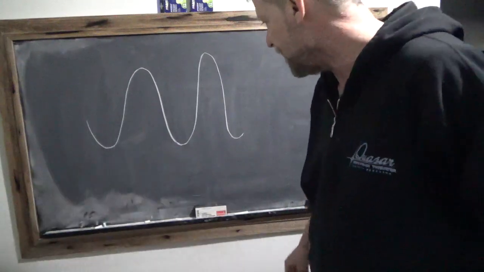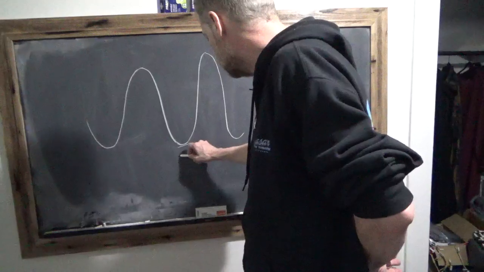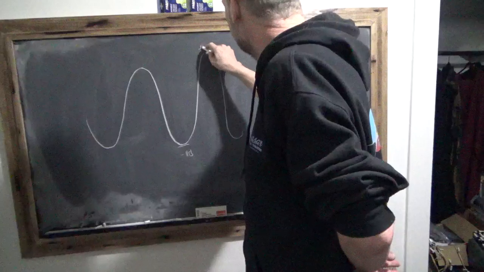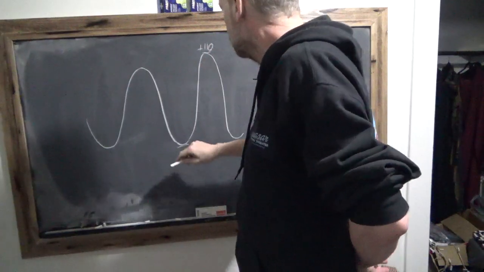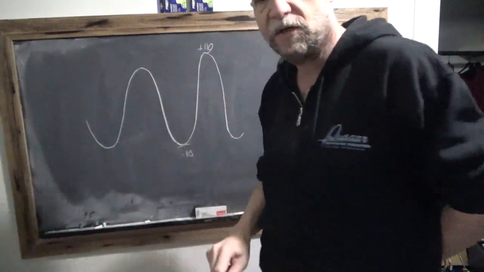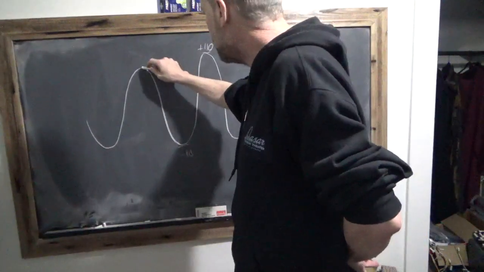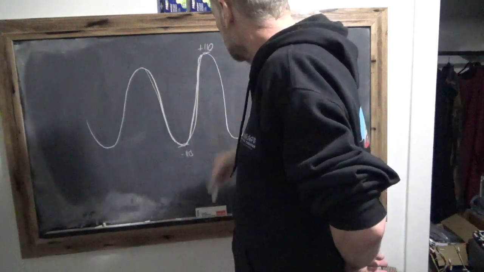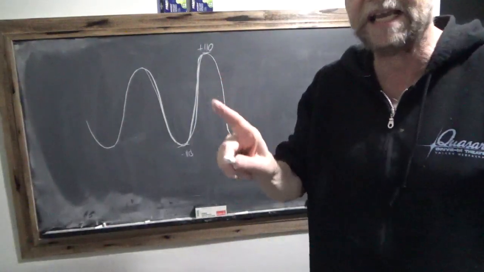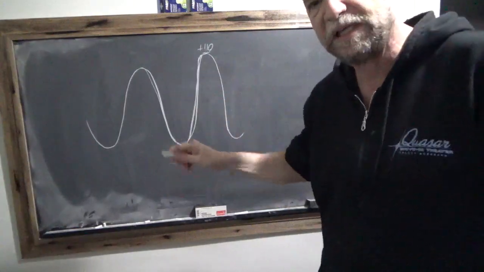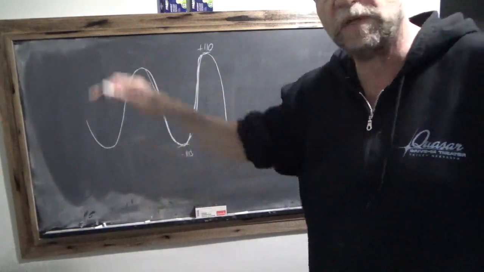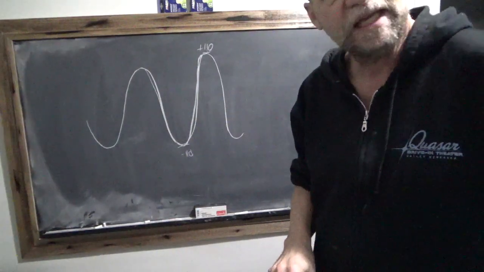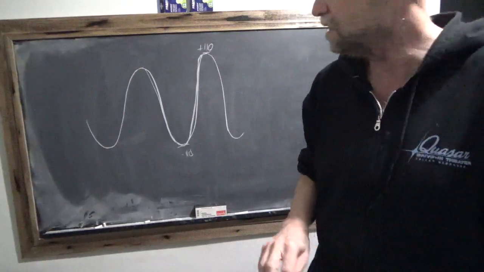And it goes from negative 110 volts to positive 110 volts with a frequency of 60 hertz, which means, in 1 second, you get 60 complete waves back and forth from negative 110 to positive 110. That's analog. It can have any value that you want.